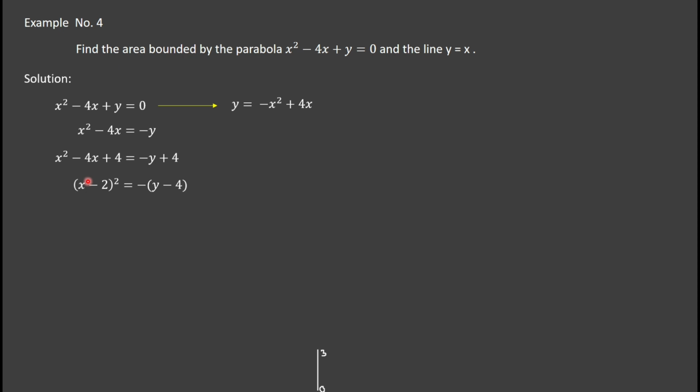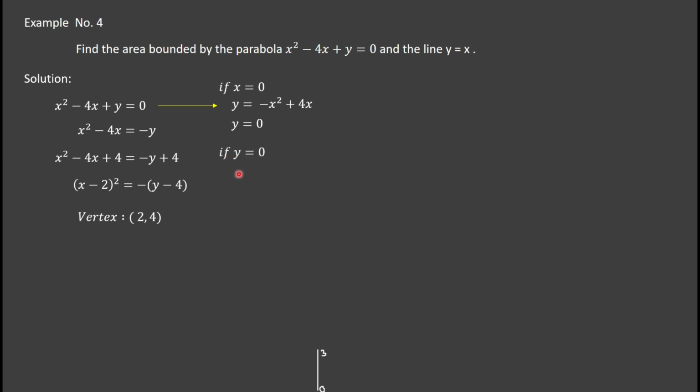So we have the quantity x minus 2 to the power 2 is equal to negative the quantity y minus 4. Therefore the vertex here is (2, 4). If f of x is 0, we can substitute here our x, so therefore our y is equal to 0.